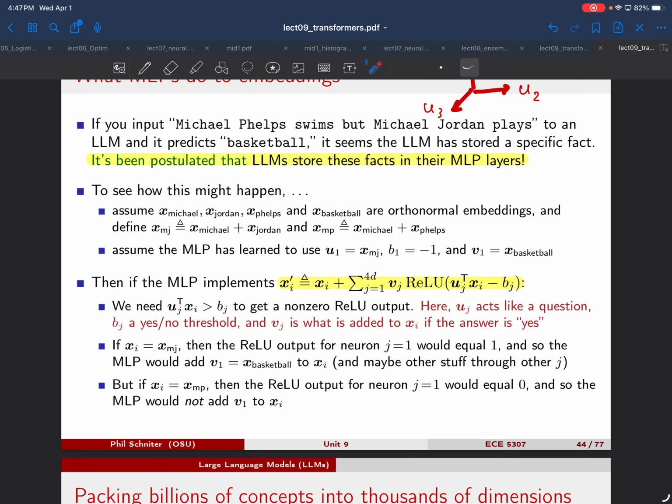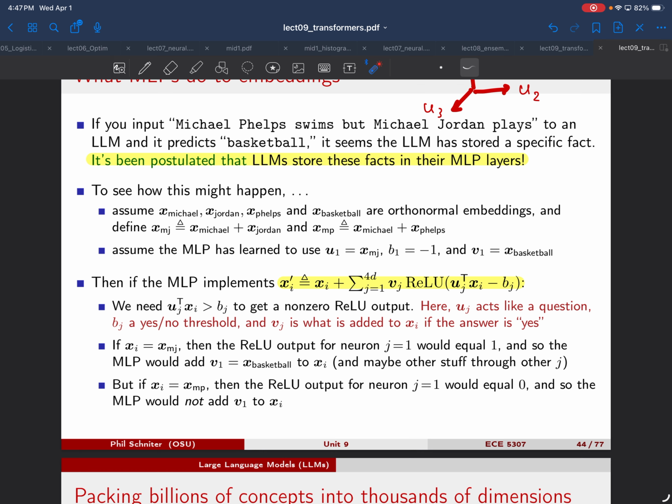Because our original dictionary is also, this is not something we can make extremely large. We'll see some numbers, but it might be like 50,000 different tokens. But the number of distinct facts or concepts in the world is way bigger than that. So we can do that by taking these 50,000 different embeddings that we start with and then adding and subtracting them.